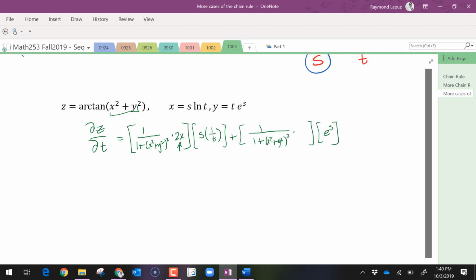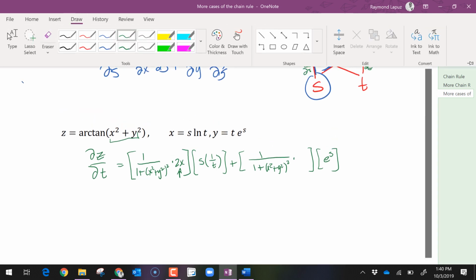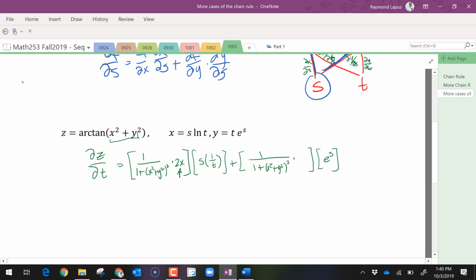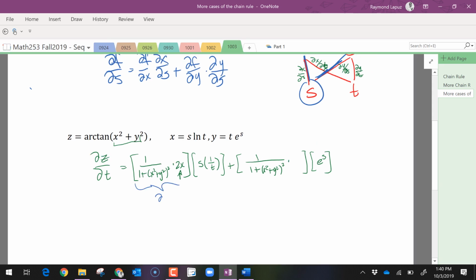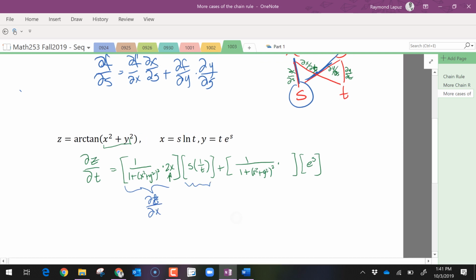So that's 2x. So this is the partial of z with respect to x.